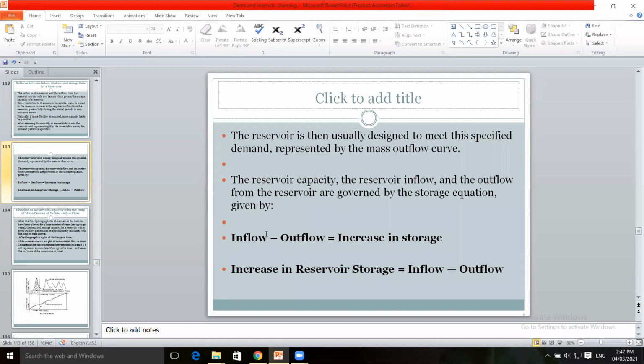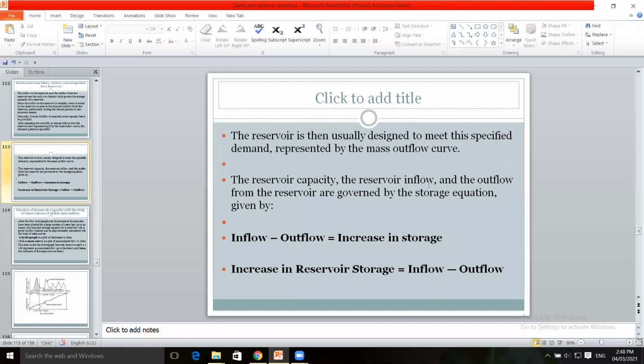And the increase in storage is calculated by inflow minus outflow. Increase in reservoir storage म्हणजेच काय? Inflow minus outflow, the difference of inflow and outflow, gives the increase in storage capacity.